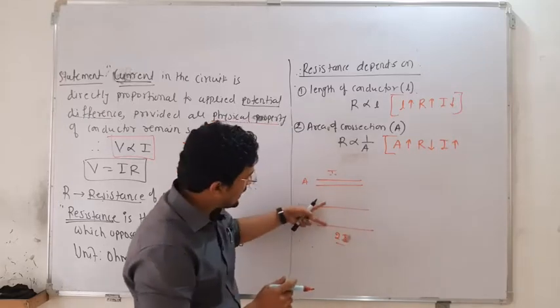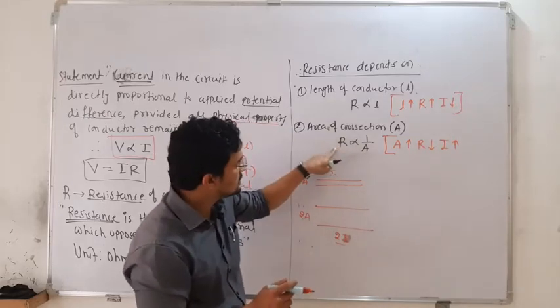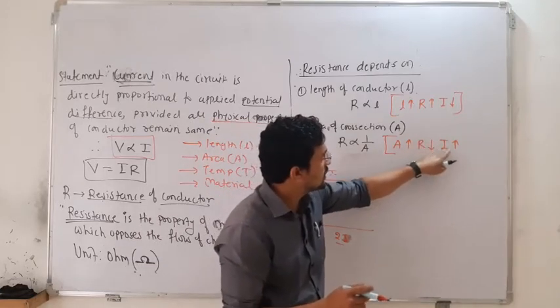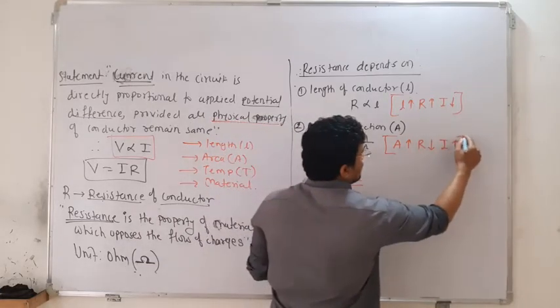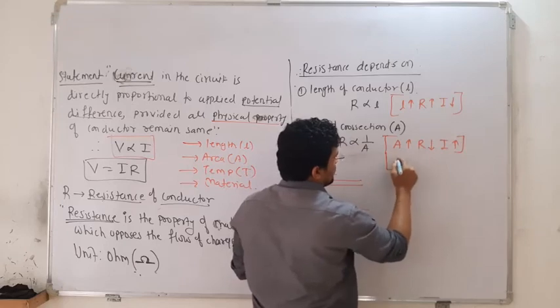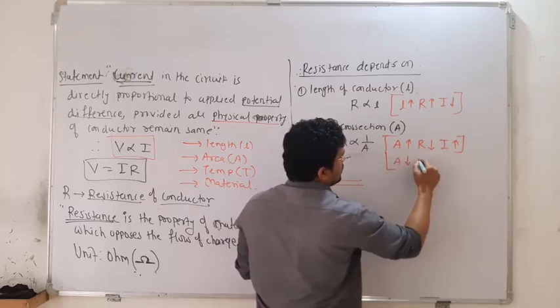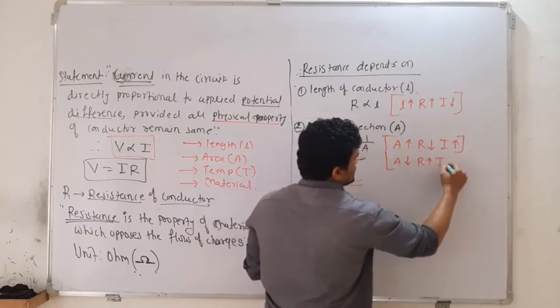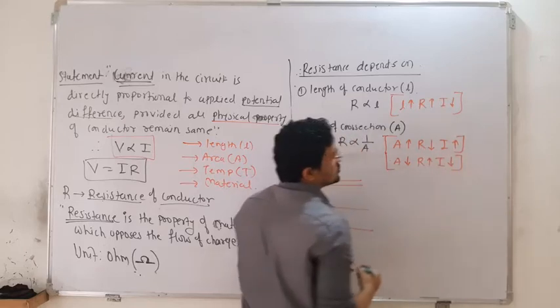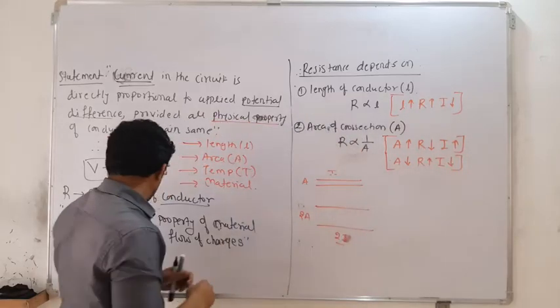Because area is more, resistance is less, and if resistance is small, current is more. The reverse is also possible: if area is small, resistance is more, and hence current is small. So this is the relation with area.